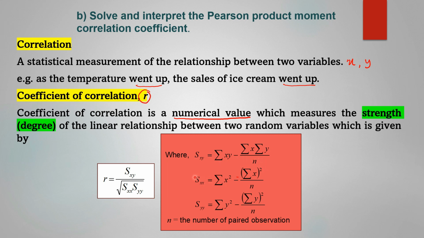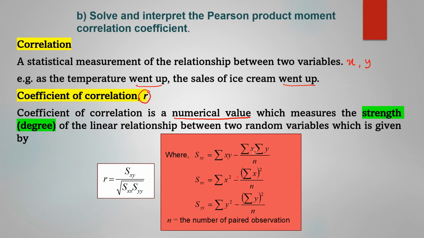Whereas Sxx is equal to the summation of x squared minus the summation x in brackets squared, over n. Syy is equal to the summation of y squared minus the summation y in brackets squared, over n. n is the number of paired observations.